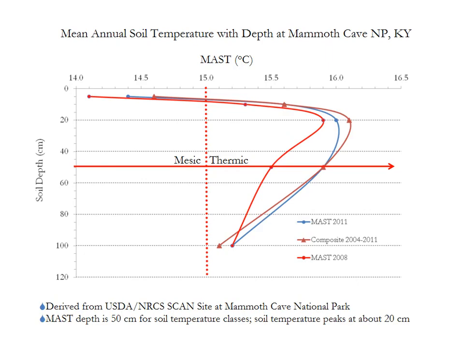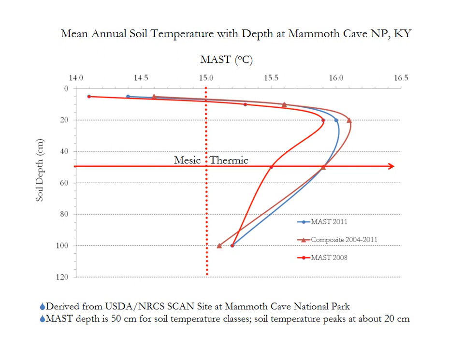Let's take a look at some of this. We take some of those data and plot them by year with depth in the soil profile in centimeters here. Note that the average is shown in the purple curve, the composite, I guess, for 2004 to 2011. Blue and red are cooler years, 2008 and 2011.